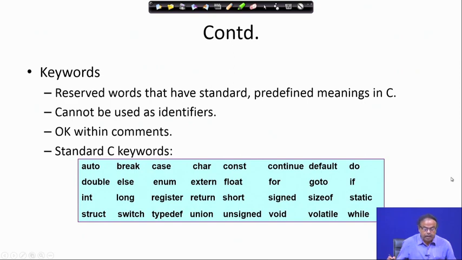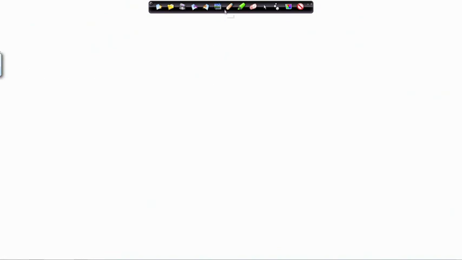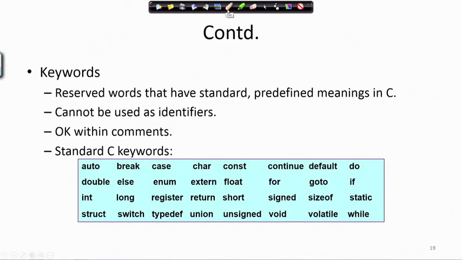There are some keywords, some words which are reserved and have got some predefined meanings in C. Okay. For example, auto, break, const, float, float has got a specific meaning, int has got a specific meaning, return you have seen, it has got a specific meaning, etc. If you have seen, it has got a specific meaning, else you have seen, it has got a specific meaning.